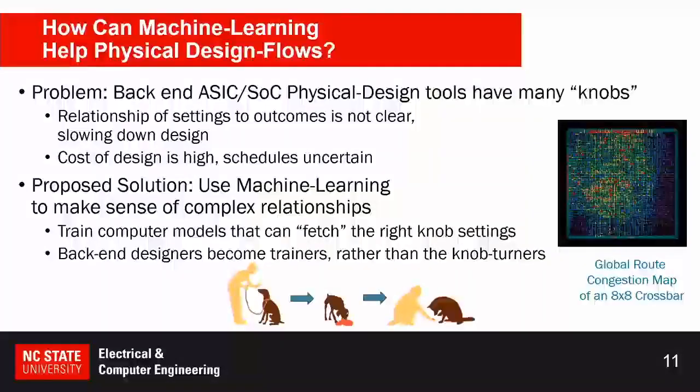Not just do the button pushing yourself, but become the trainer that trains the machine learning algorithm to push those buttons for you and explore to find the best path through the physical design flow. So that's another project that we have going on now.